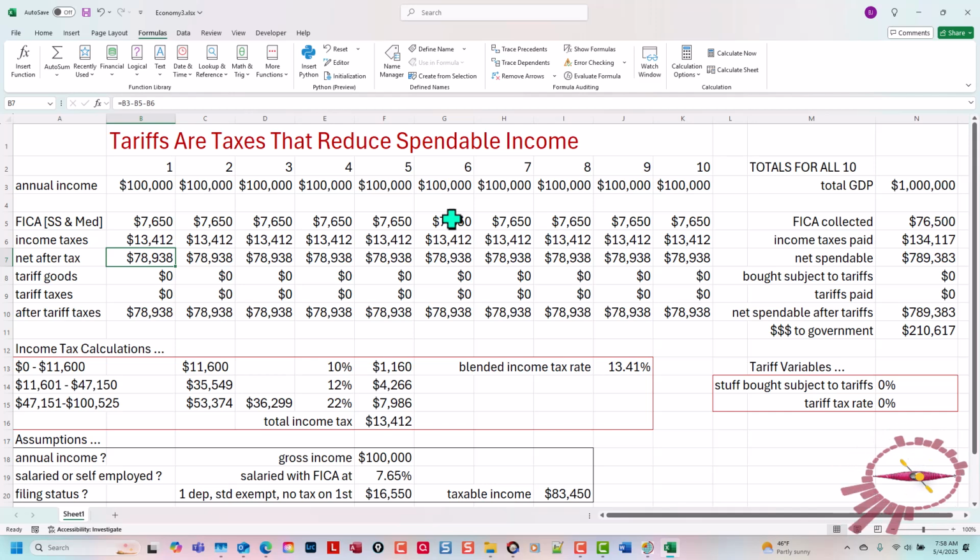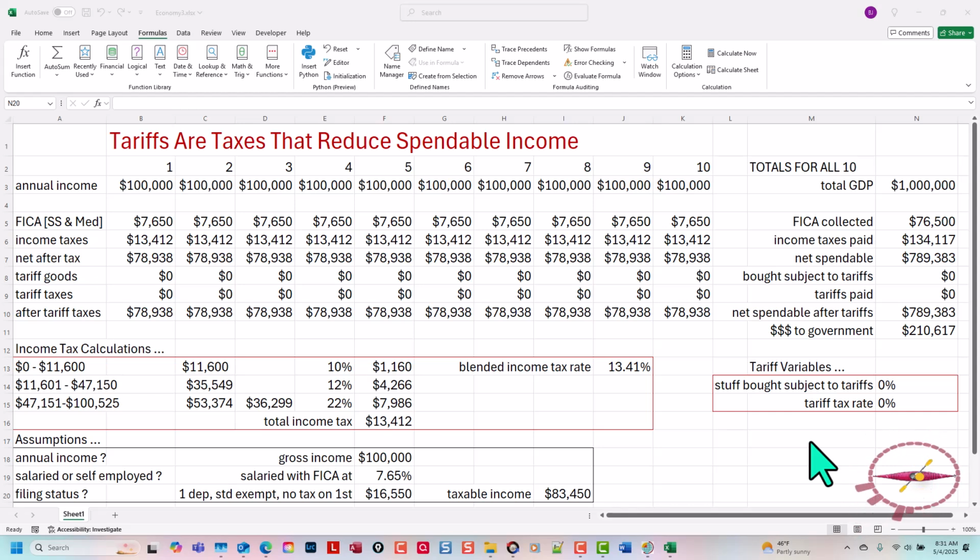Now, because we're not buying any goods that are imported, there's no tariff taxes. Accordingly, our remaining after tariff taxes spendable income is the same at $78,938. Let's see what happens now when we buy some imported items that are subject to a tariff tax.